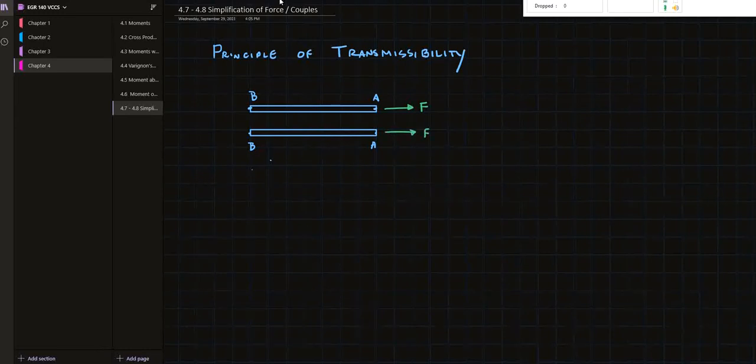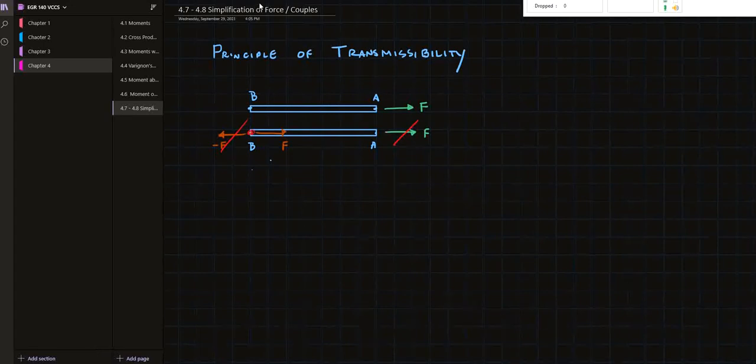What I could do is come over here to B, and essentially add zero force by adding minus F, same magnitude as this, and plus F, same magnitude as that. We'll see that this minus F cancels with that positive F, and I'm left with F over here.